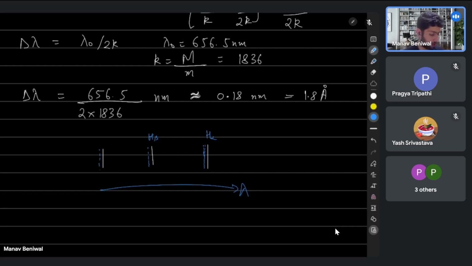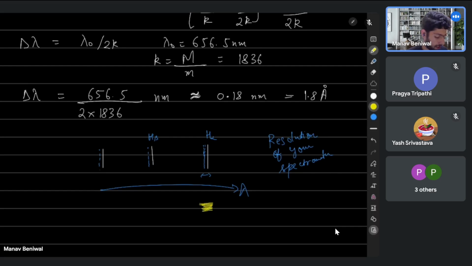And sir talked about resolution in his lecture, the resolution of your spectrometer. You need high resolution spectrometers to separate these two lines. If you have a low resolution spectrometer, these lines will just appear as one and much thicker.